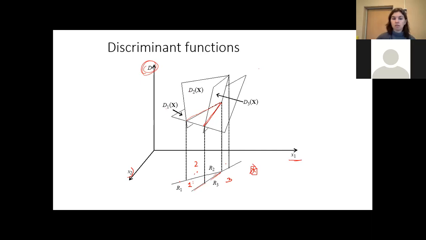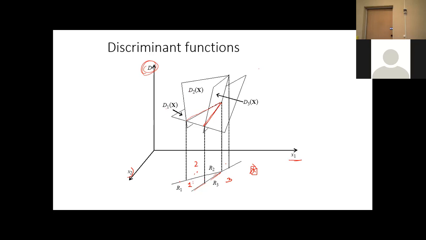Because the projection of this object to D2 will be somewhere lower. Exactly, the same distance, but the value will be minus. Like that condition, right? Like that condition, I know this object, and no, it's the same.